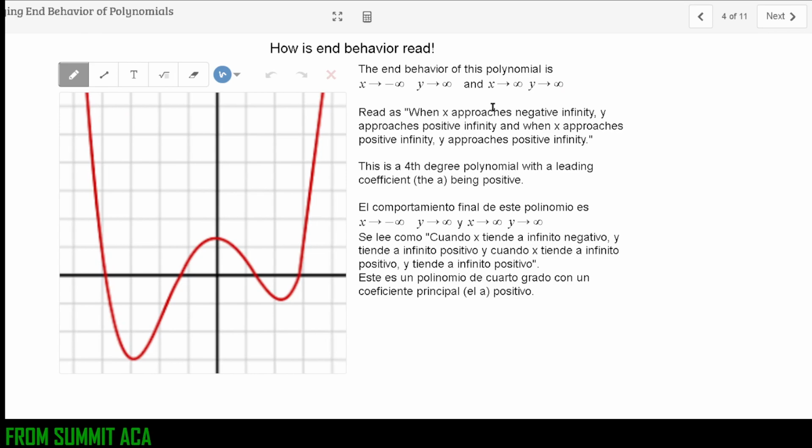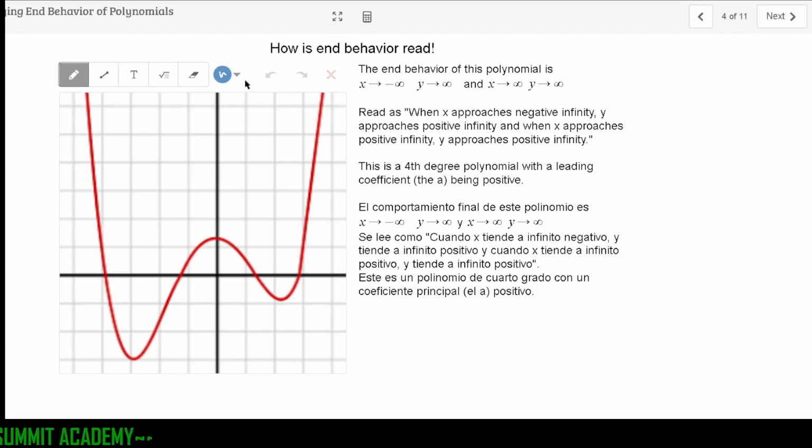So now on the next part, it says the end behavior of this polynomial is as you move to the left, your y values increase. As you move to the right, your y values increase. And we read it as when x approaches negative infinity, y approaches positive infinity, and when x approaches positive infinity, y approaches positive infinity. So this is a 4th degree polynomial with a leading coefficient a being positive.